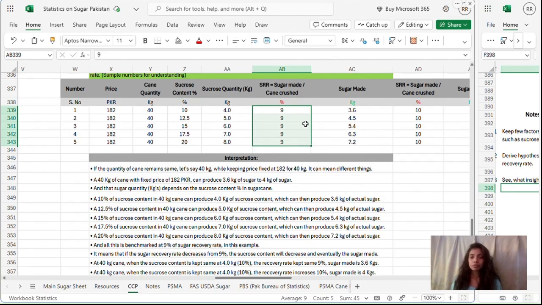So that means the sugar recovery rate is 10%. But if they produced 9 kgs of sugar from that 100 kgs of sugar cane, that means the sugar recovery rate is 9%. So this is just for understanding.